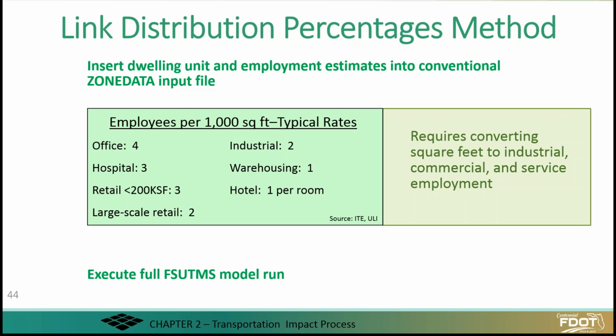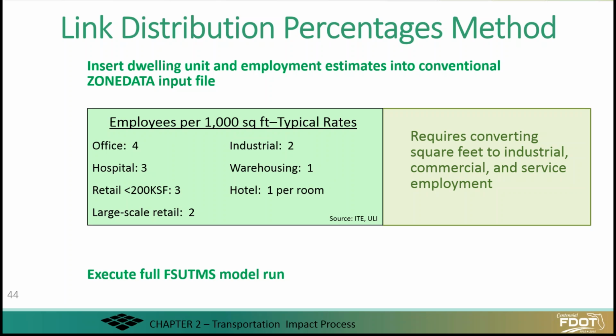Thank you. So in this case, you would take your type of development that you're doing the impact for, and you would input employment or a population as is appropriate based on sources from ITE or the Urban Land Institute. These are some very typical employee per 1,000 square foot rates that could be used.